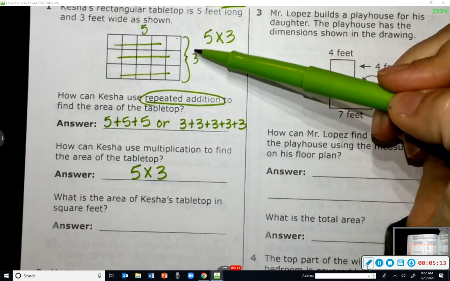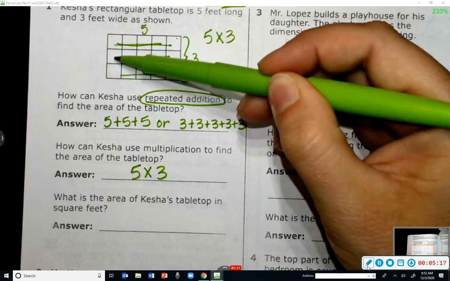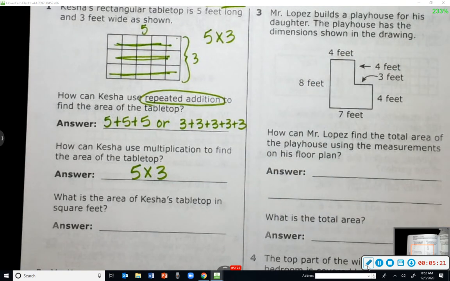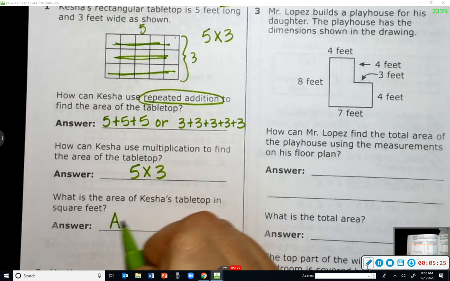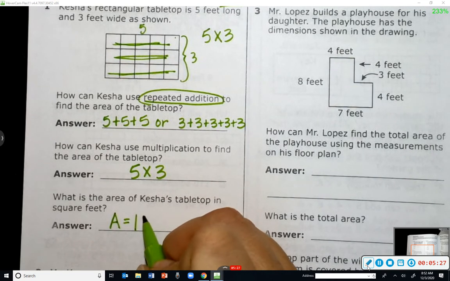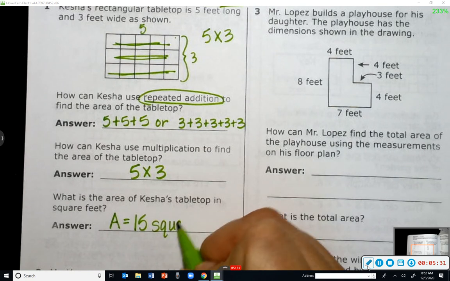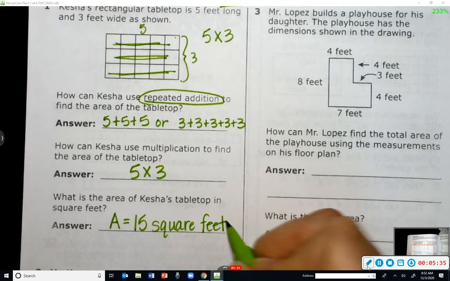I could count all these. I can skip count by 5 since this is 5, 10, and 15. So what is the area? We would say A equals 15 square feet. I thought it was 40.